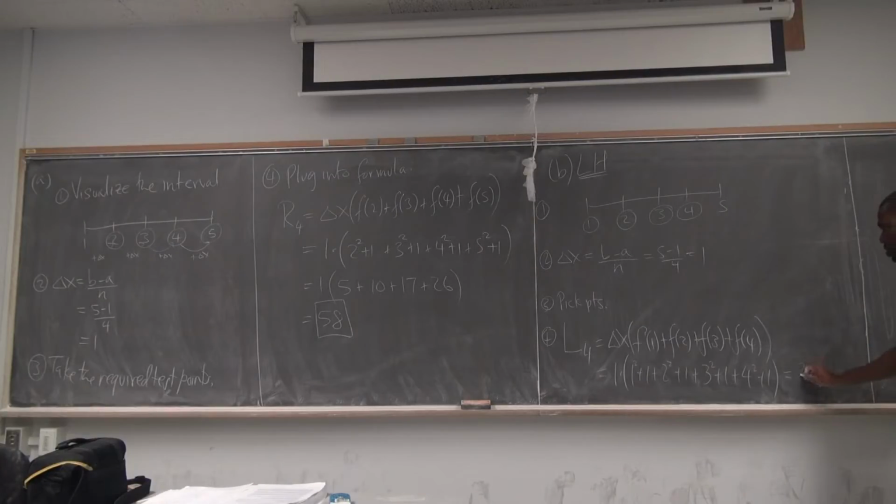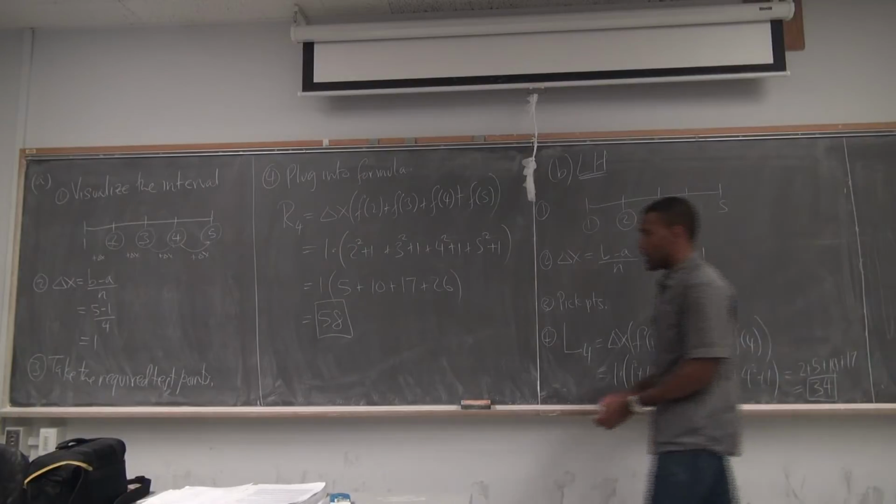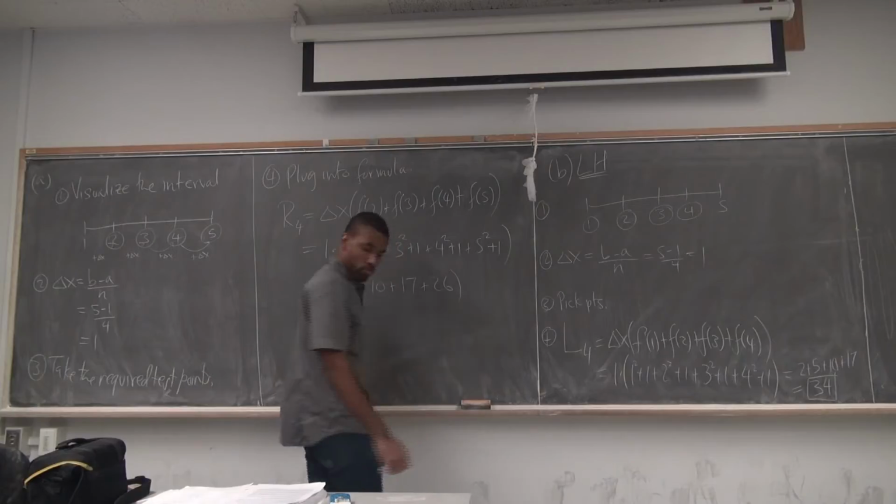Right? That's going to be 2 plus 5 plus 10 plus 17. That's what, 34? That's the approximation of the area by the left hand.